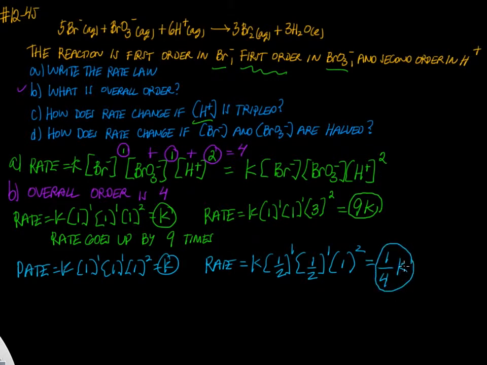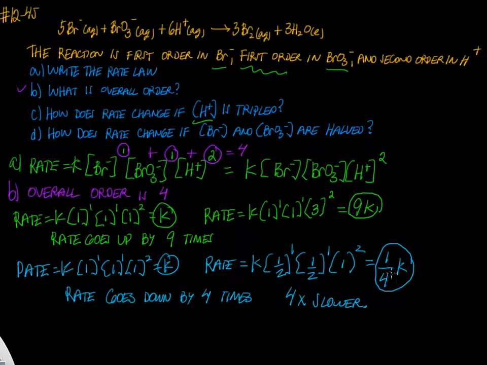All right, so the answer here would be the rate goes down by 4 times. Okay, or it's 4 times slower. Okay, there's different ways of explaining that in words, but basically the rate is 1/4 as much.